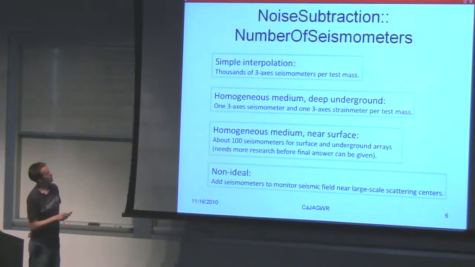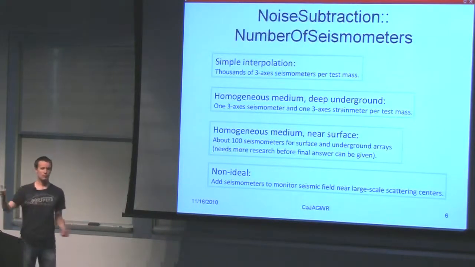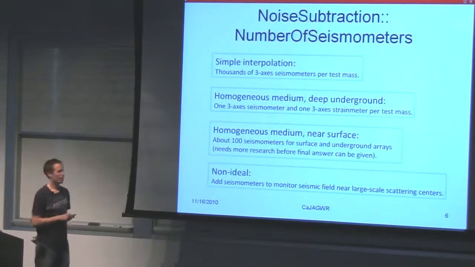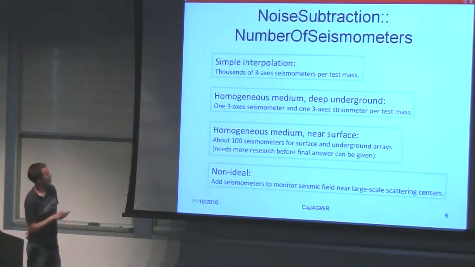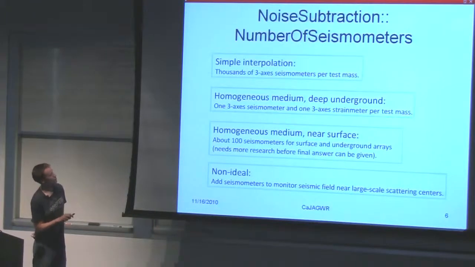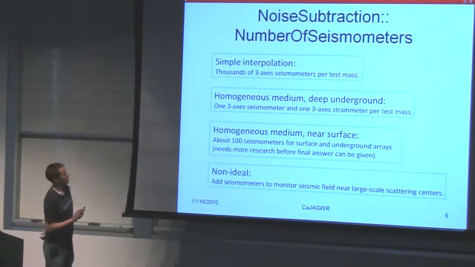And this is because you understand this when you look at how the different contributions from different points interfere to generate the total Newtonian noise force. But this only really works in a homogeneous medium.